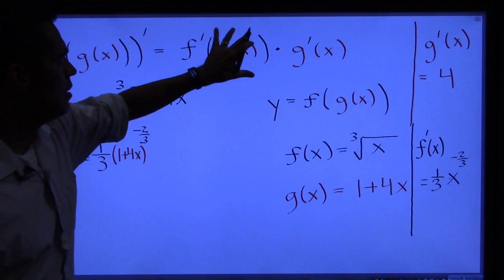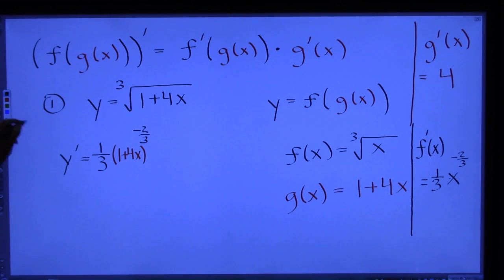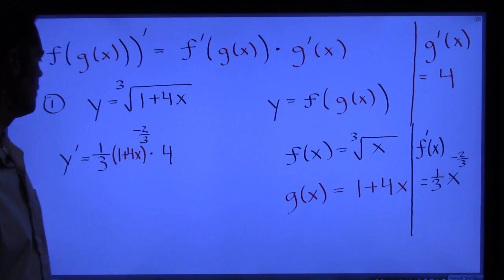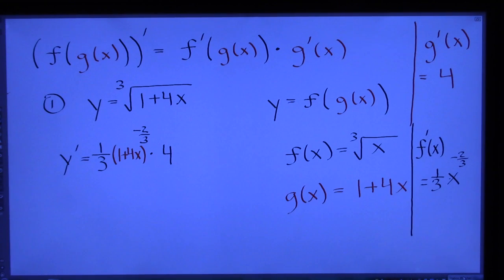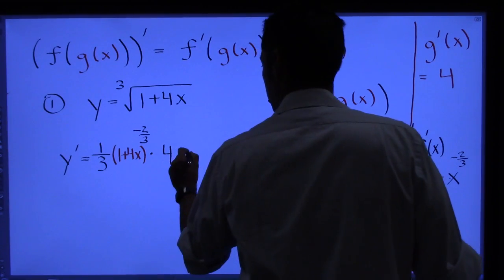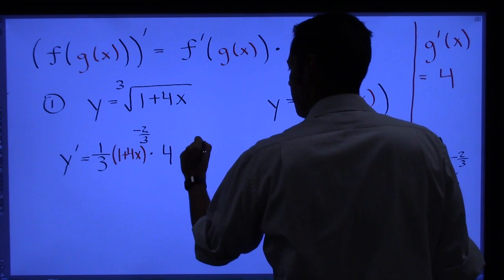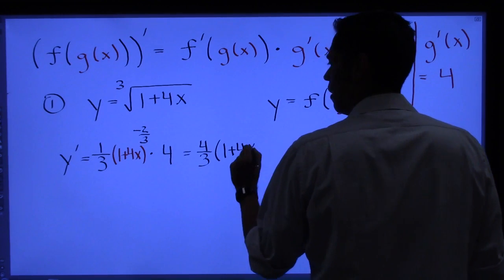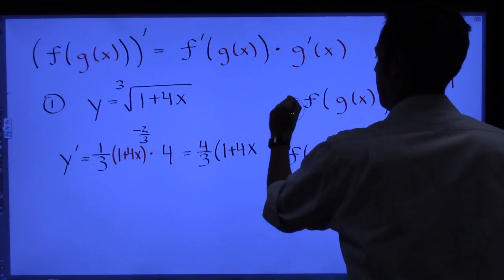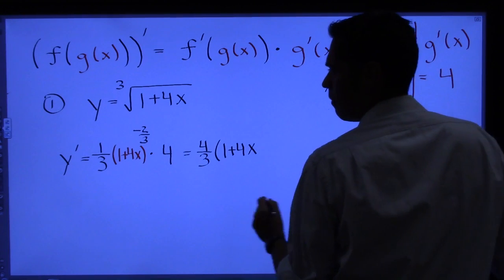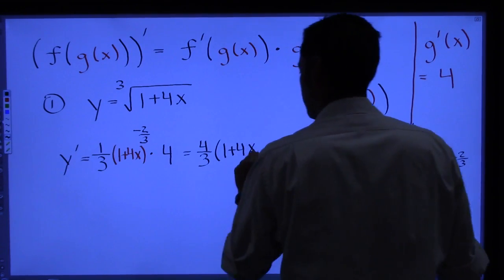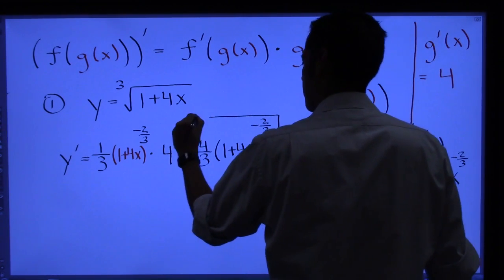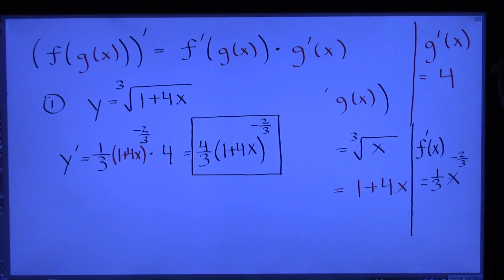So I've done this part, then times g prime, which is 4. That's it. So this should be equal to, I can multiply the 4 out to the front, 4/3 times 1 plus 4x raised to the negative 2/3. Right there.